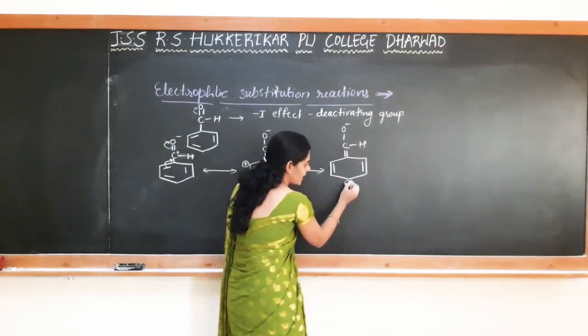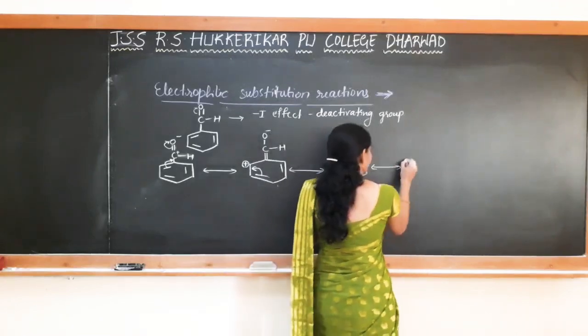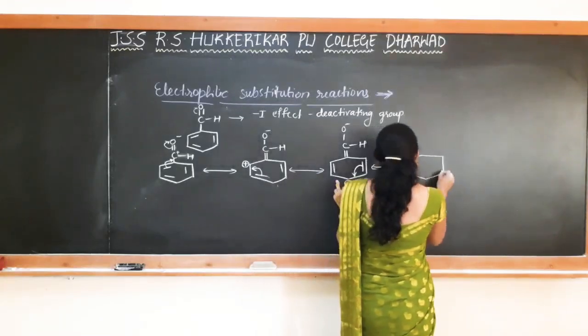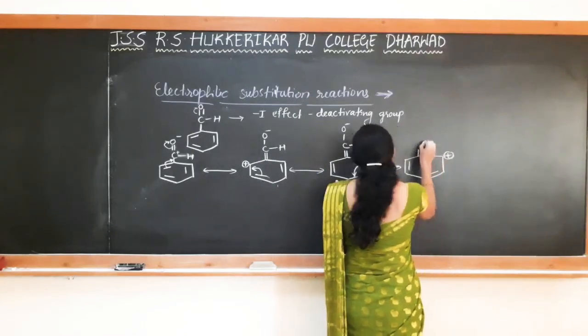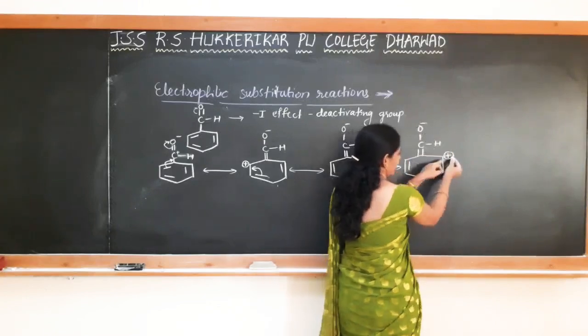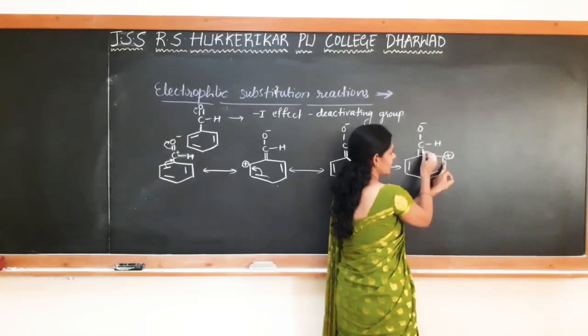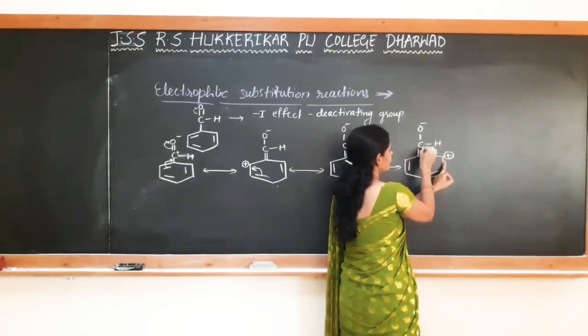As it is electron deficient, it draws electrons from the next bond and you can write the next resonating structure like this, with plus charge and CO minus H. Now the electron deficiency comes here, so the electrons from the next bond shift.